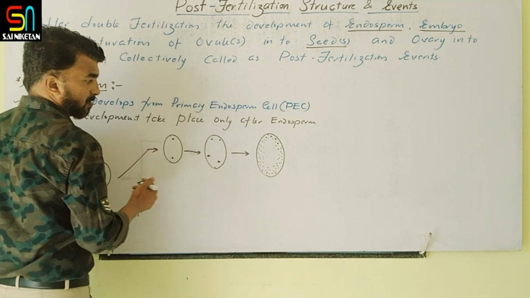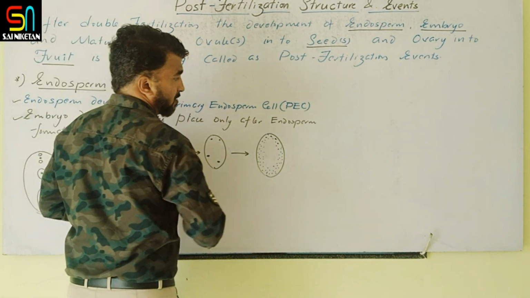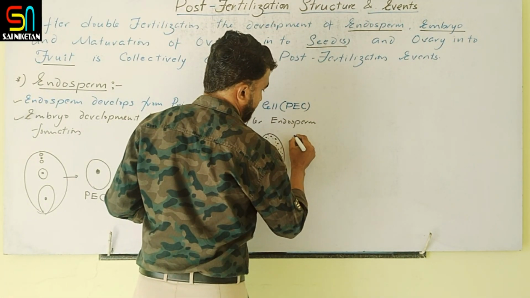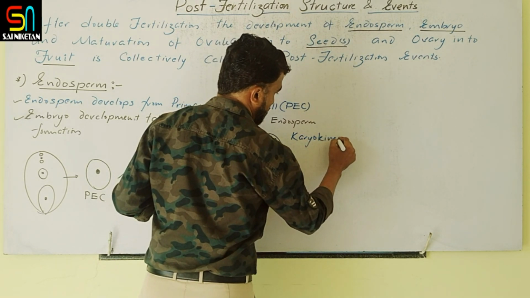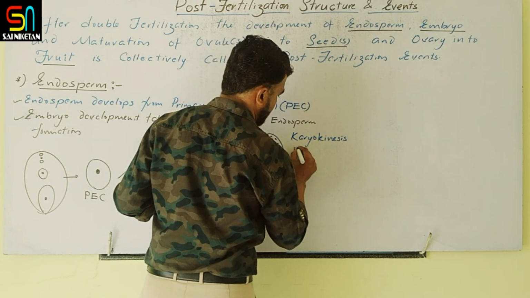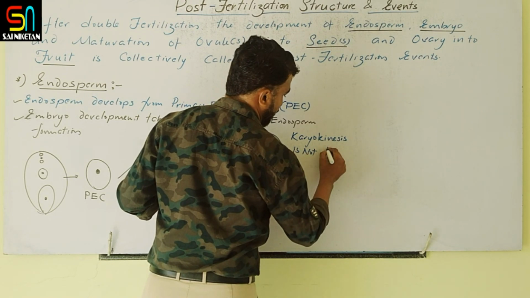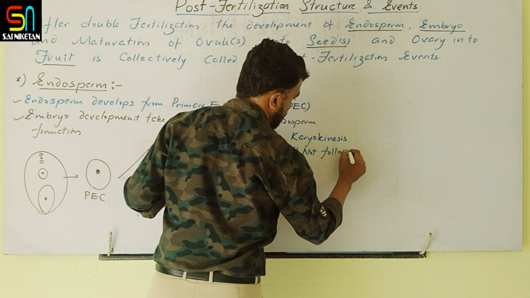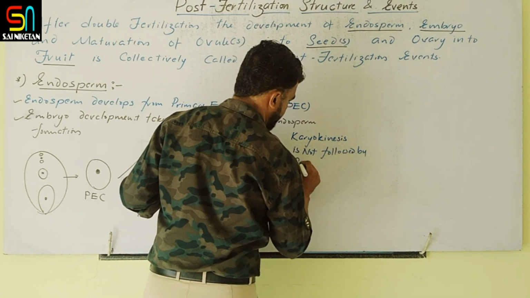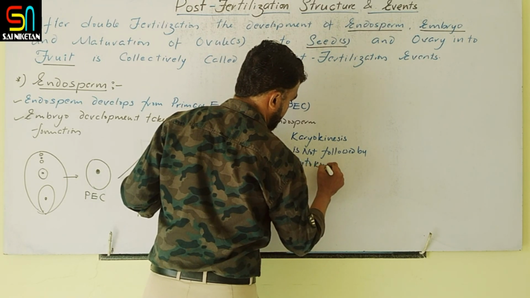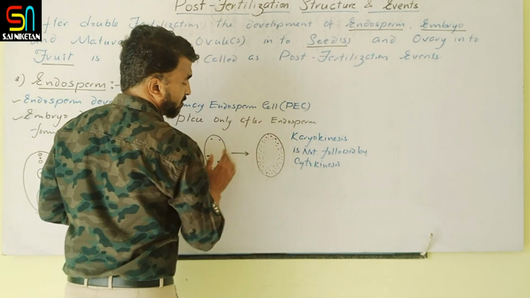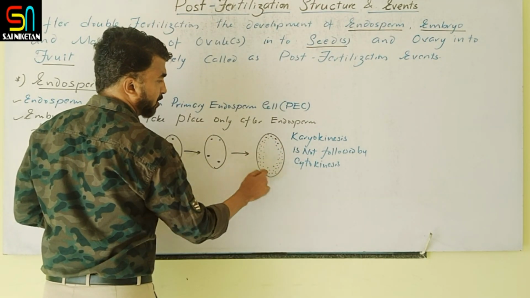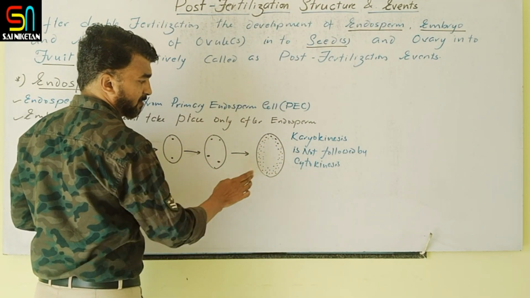Clear? Karyokinesis is not followed by cytokinesis. That's why this primary endosperm cell contains only nuclei in the cytoplasm.